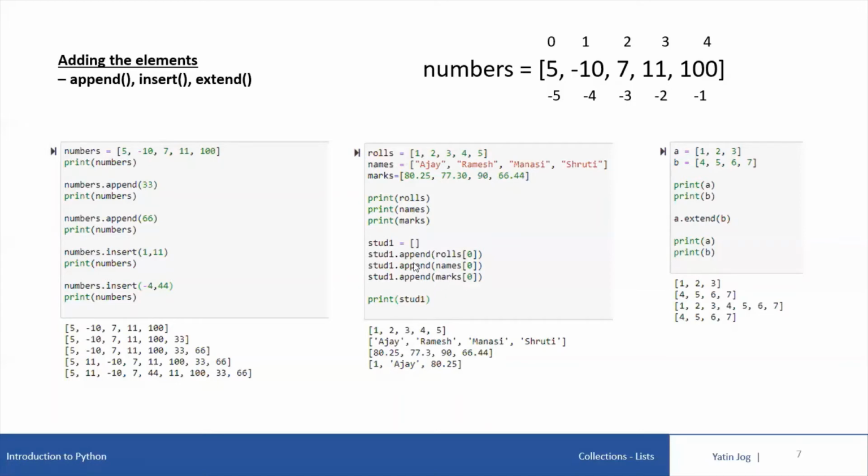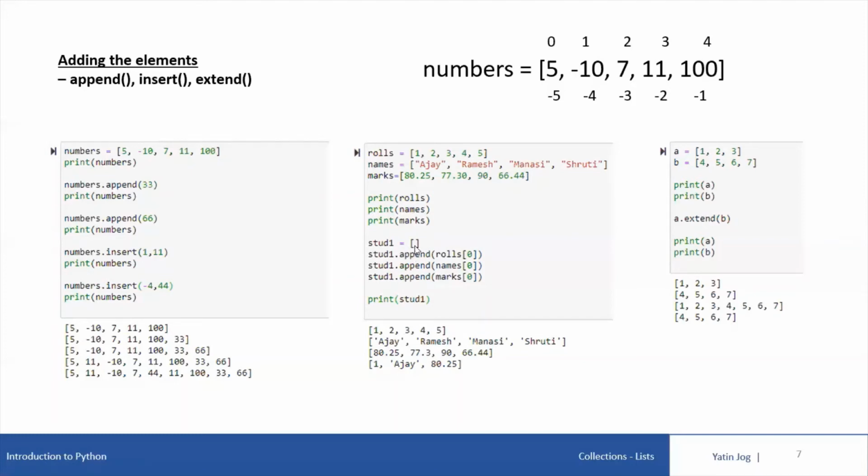Now you can use the append method with different list variables also. For example, I have 3 list variables: roles with all the roll numbers, names with all the names, and marks with all the marks. I want to create one student record. So stud1, initially it is blank. So the list has been defined without any elements.